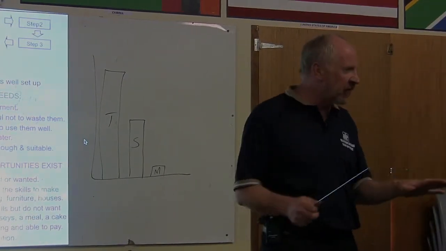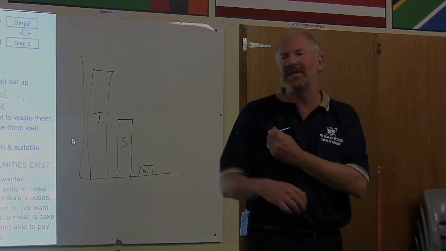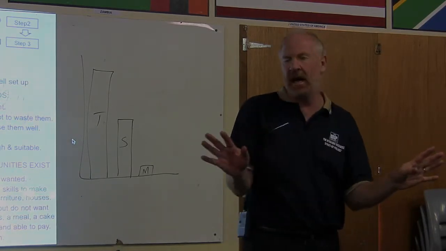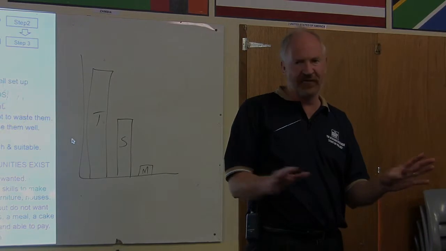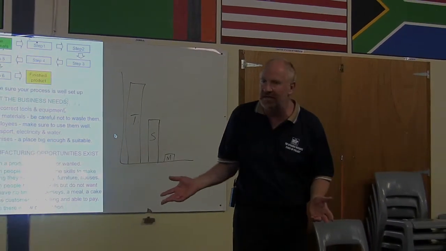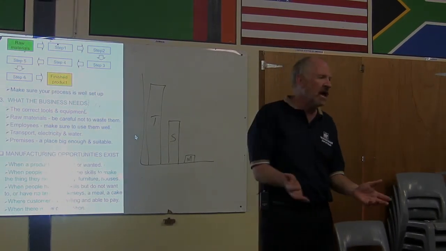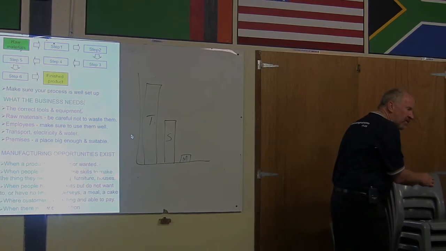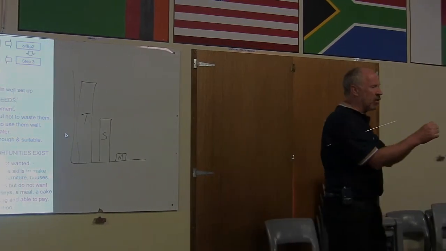Now, process falls into two different categories, really. The first category, and let's use an example of the sewing business, is where the person grabs the material and goes from station to station.